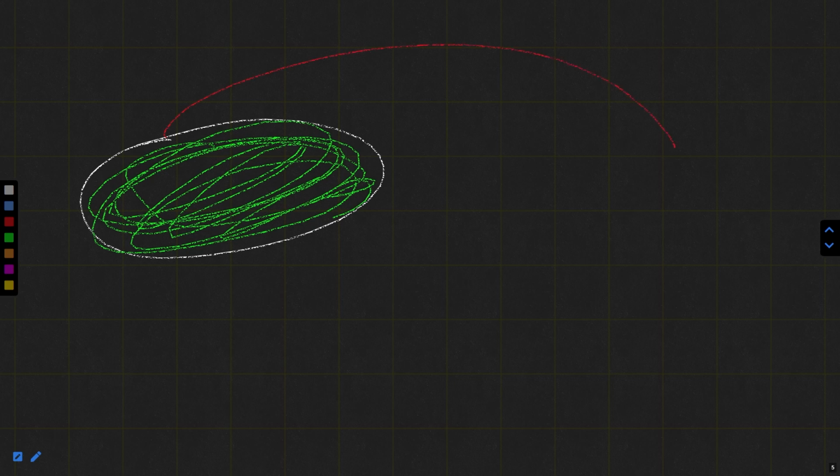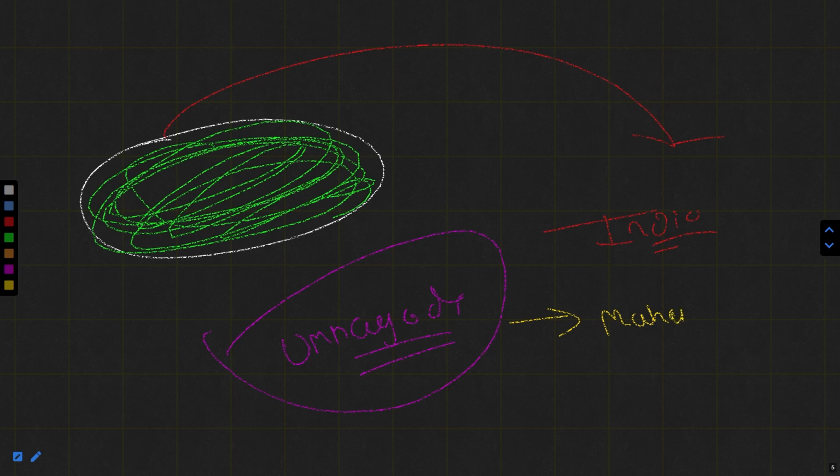A similar thing happened that they came to India, and the dynasty which was ruling the Arabian peninsula was the Umayyads, and their leader was Muhammad ibn Qasim. Okay, so this is the flow chart. That was Arabia. They moved to India under the Umayyad dynasty, and their commander was Muhammad ibn Qasim. Got it?